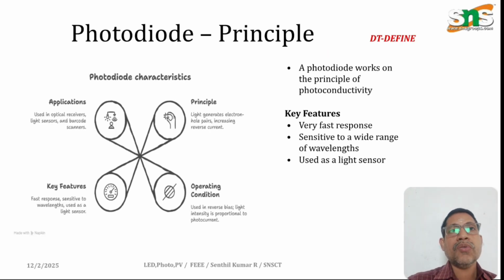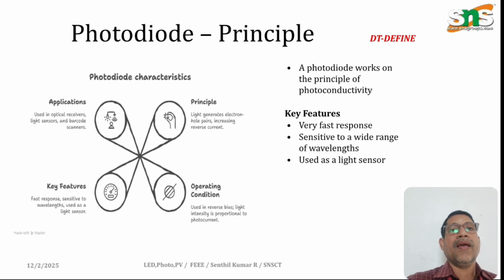And coming to the photodiode, see here on the left hand side, the photodiode characteristics are displayed. It works on the principle of photoconductivity, whereas the resistance changes. The application is in remote controlling devices or remote sensors. The operating condition is reverse bias.